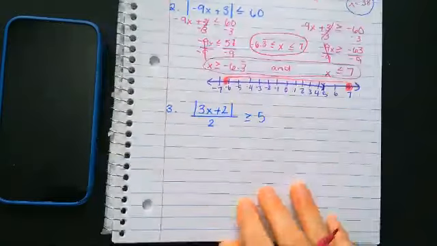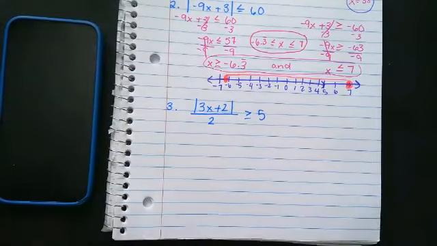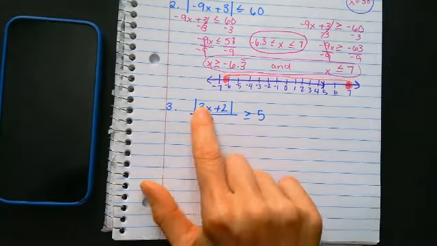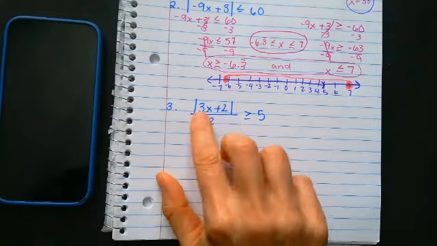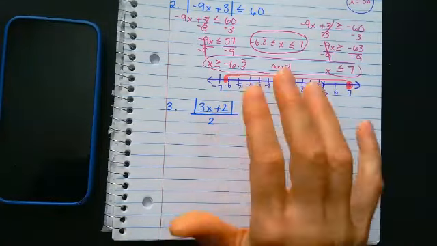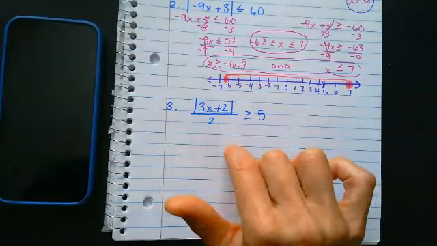Okay, last one. Now, these are generally ones that students forget about, so super important to go over this. Remember that an absolute value sign here is kind of like a parenthesis, and so you want to treat it as such when you are solving these, okay?